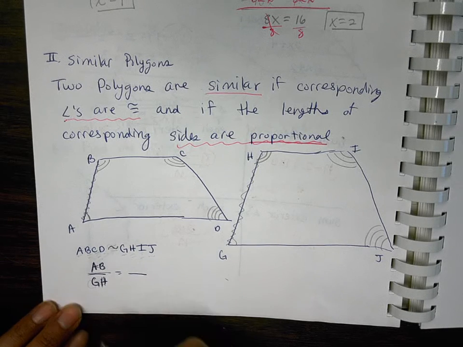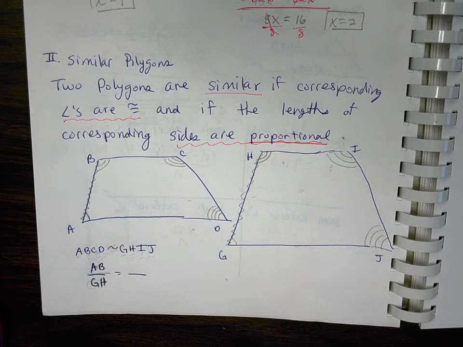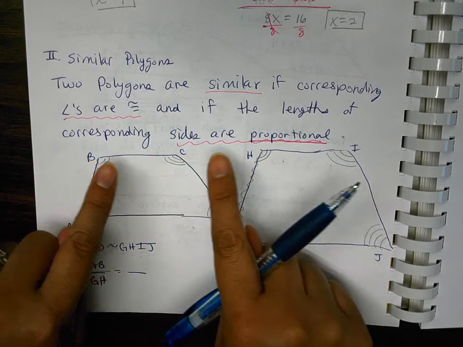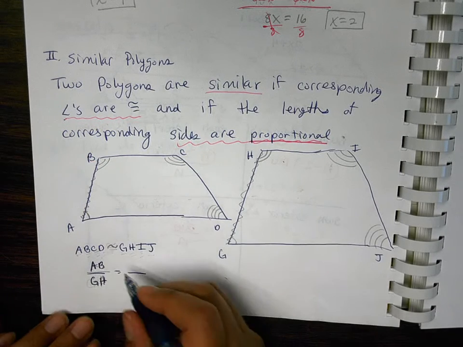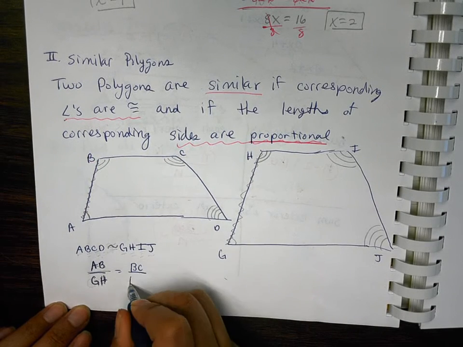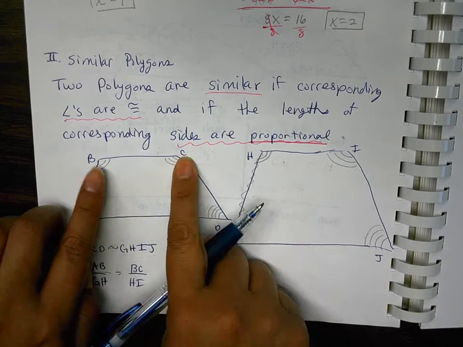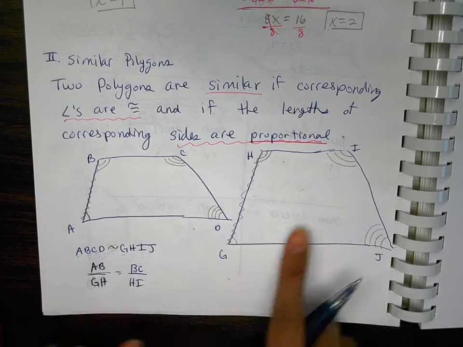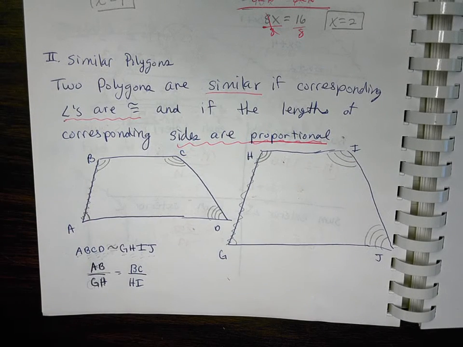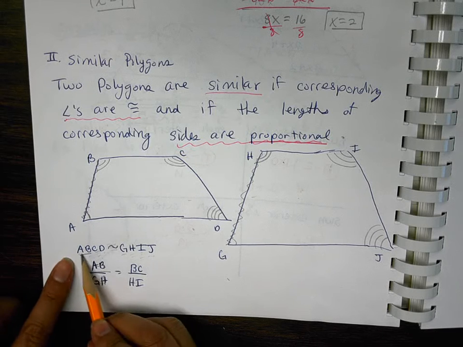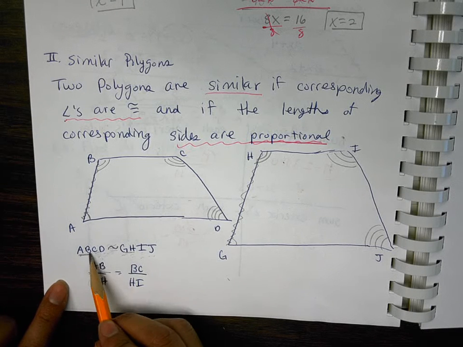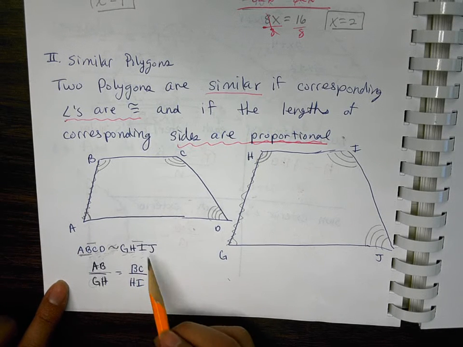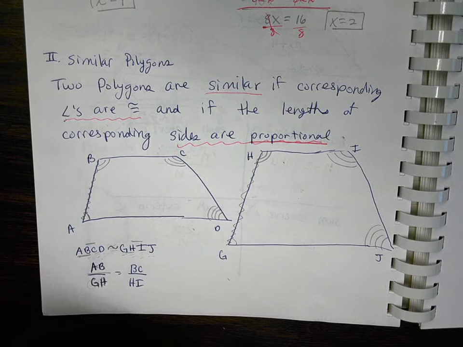Equals my next fraction. What side corresponds with BC? So BC over what? HI. Do you guys see how that worked? BC over HI. I'm going to use my statements down here now. Can you see that AB corresponds with GH, and BC corresponds with HI? The next one, let's use our triangle.